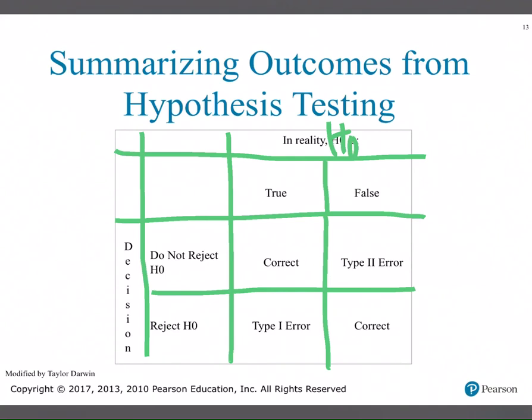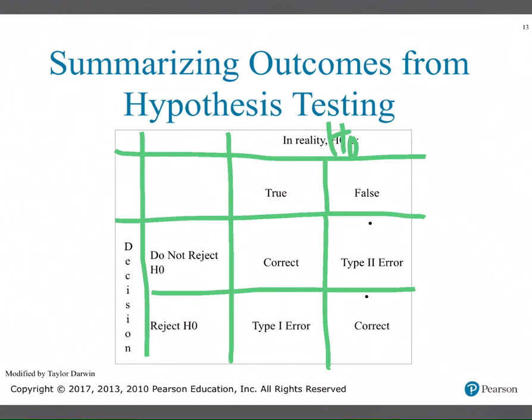Or if the null is false, we say that we reject, or we say it's guilty. If it's false, we reject. That's the right outcome. If we do the opposite, then that's where the errors occur. So if we say it's false, but we do not reject, so guilty but we don't send to jail, that's a type 2 error.